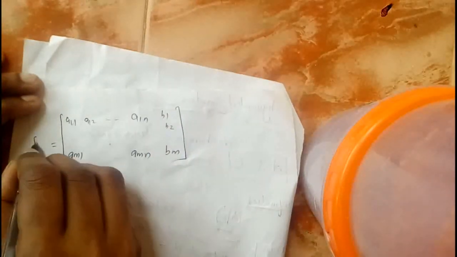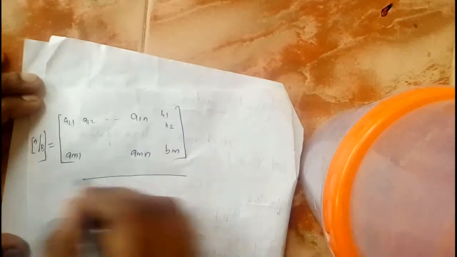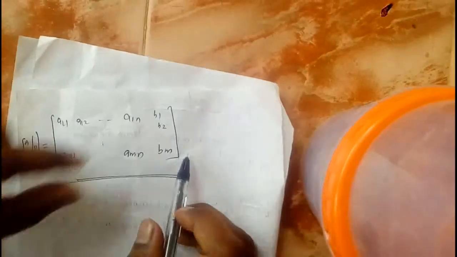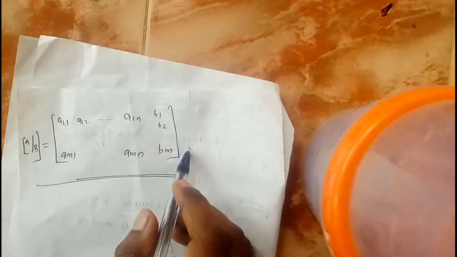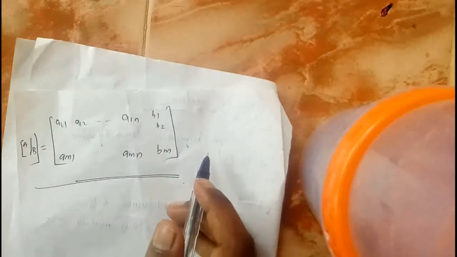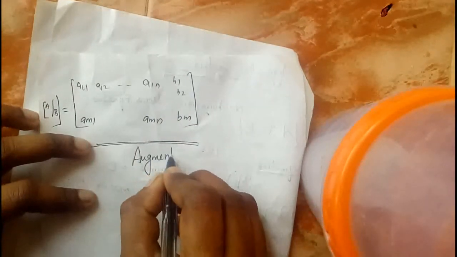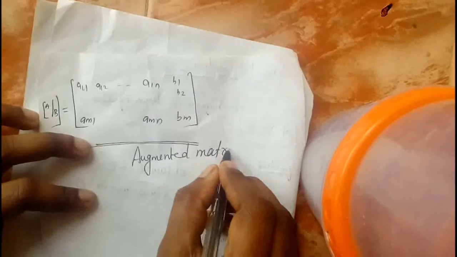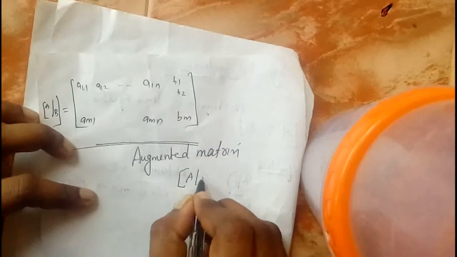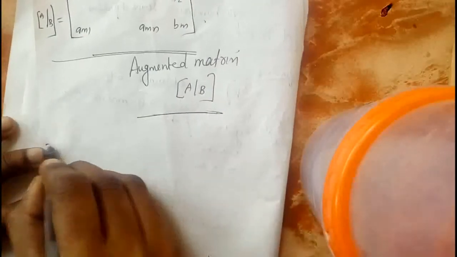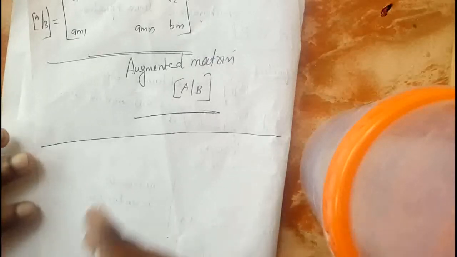So this matrix is called the augmented matrix. We placed an extra column in the coefficient matrix. Such a matrix is called an augmented matrix. So by using the augmented matrix, we can check whether the system is consistent or not.